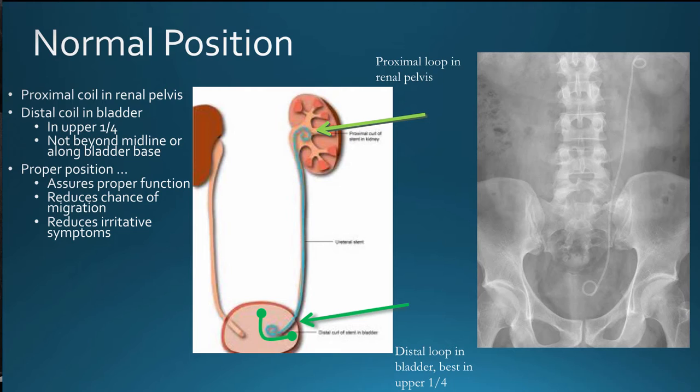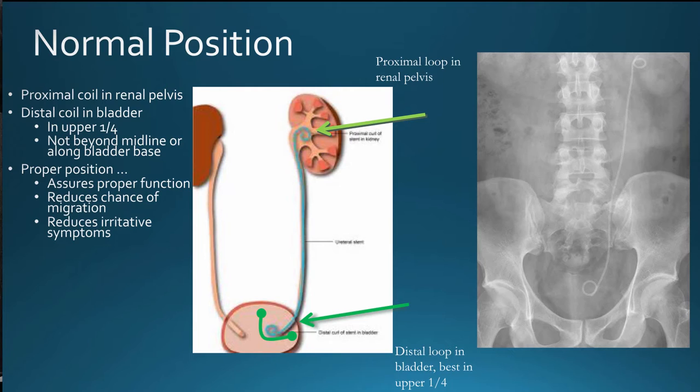So the appropriate placement of the distal coil should be within the upper quartile of the expected bladder circumference. So in the cartoon at the left, you can see that if you drew a line through the bladder and halved it and created one quartile, you'd like the coil to be within the central portion of that quartile.